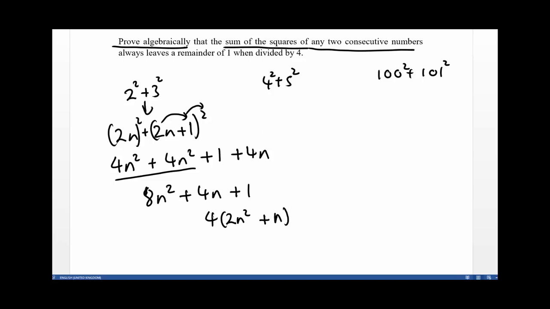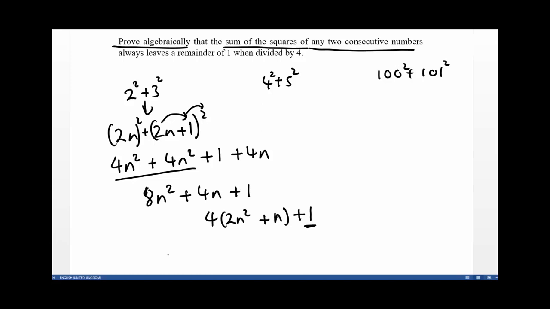Okay? And here we've got outside the bracket, because we can't do anything with the 1, it's just going to be plus 1. We're back to it again, where we've got the plus 1 on its own. This is your final answer here. Okay? Because remember, when you multiply 4 by everything inside the bracket, you're going to get a positive number.